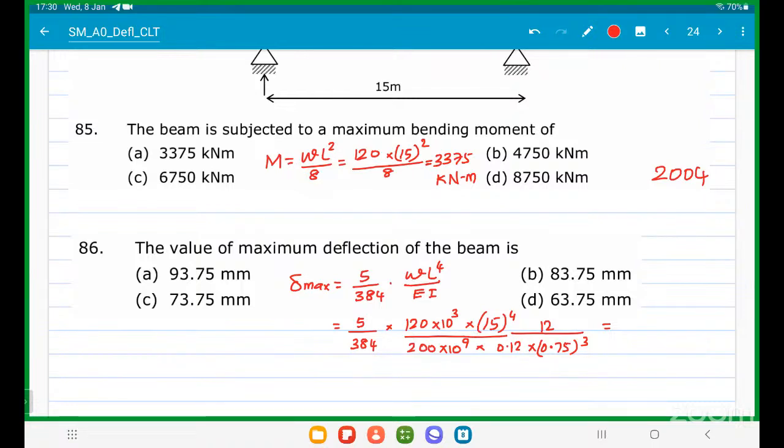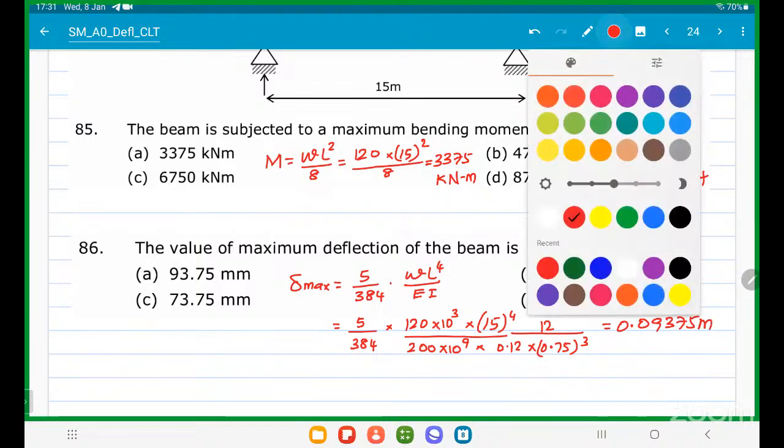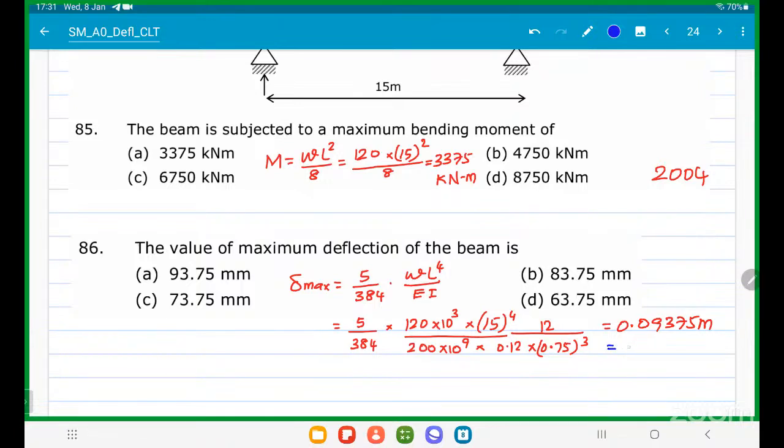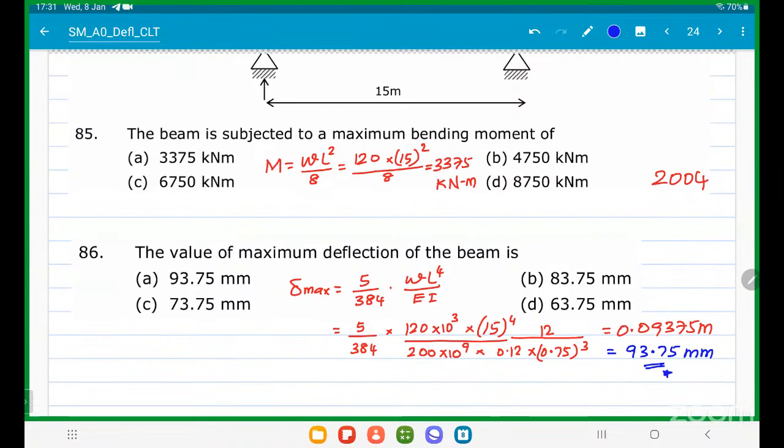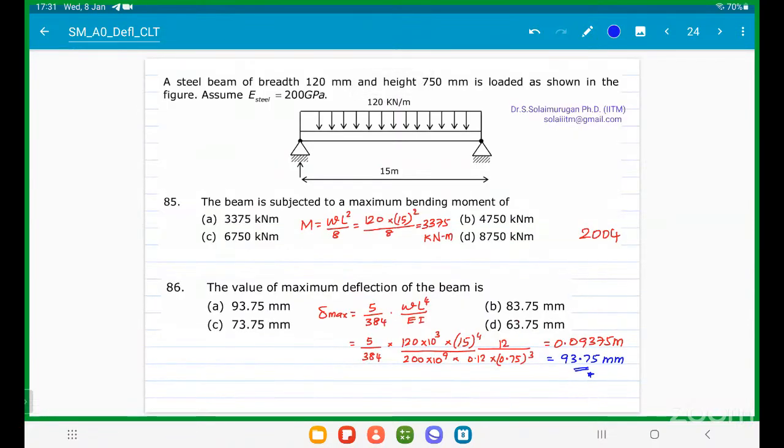Very good. Right. So 0.09375. 0.09375 meter. So I want in mm equal to 93.75 mm. Okay. Sir, this is a simple question only. Actually, it is a simple question, right?